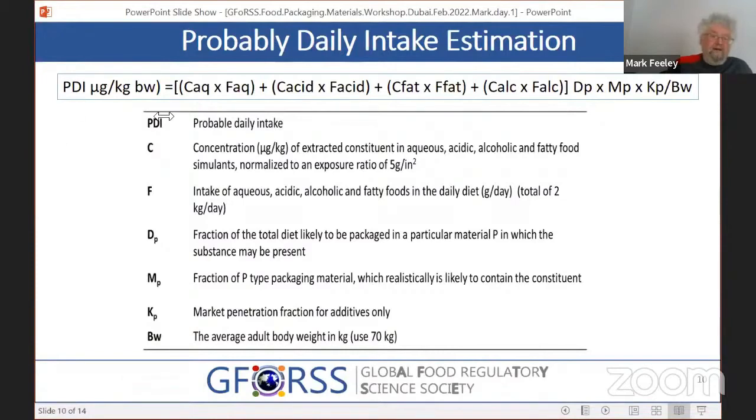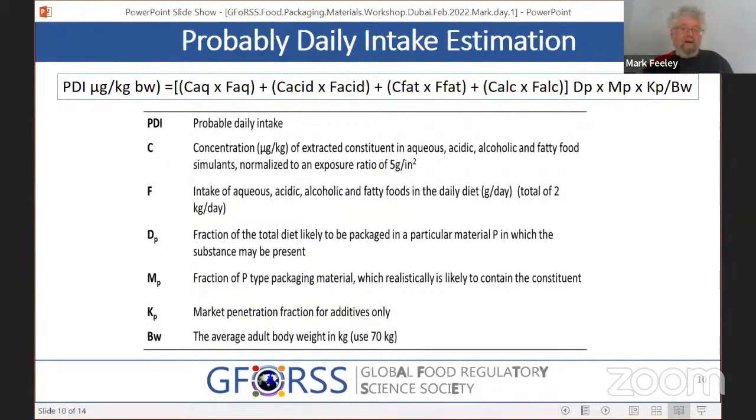So it all goes in stages of providing the appropriate migrant to act as a simulant, detection of that migrant as a potential migrating substance, the concentration of that migrant, the identification generally through standard libraries that are used, and then the estimation of the probable daily intake, or the estimated daily intake that can result from the use of that packaging material.